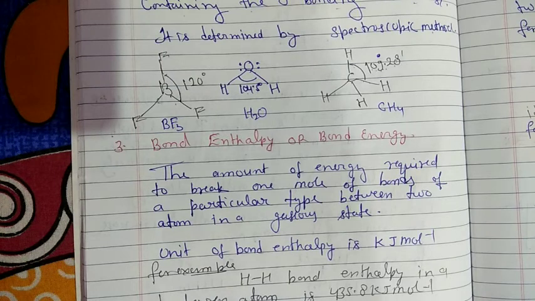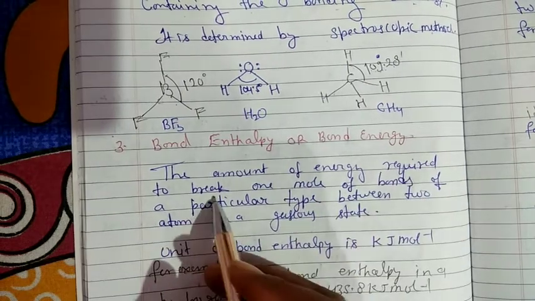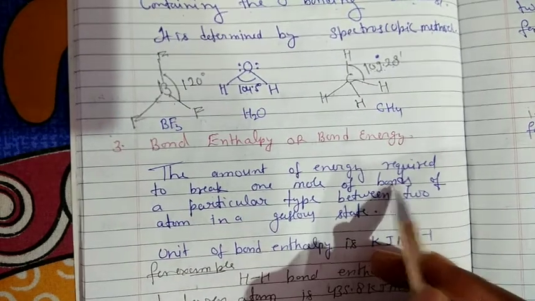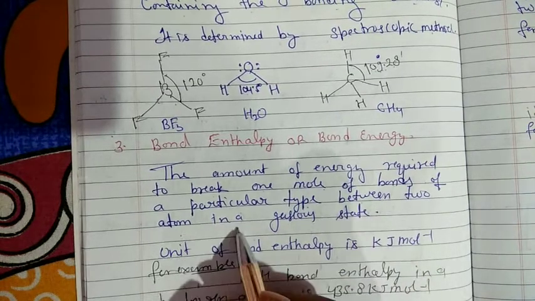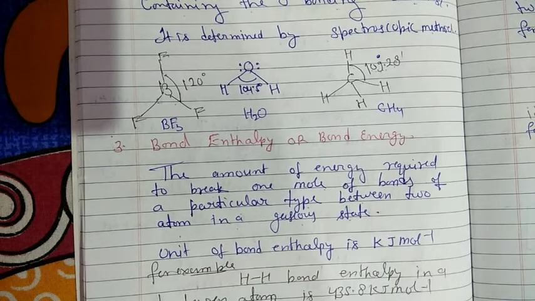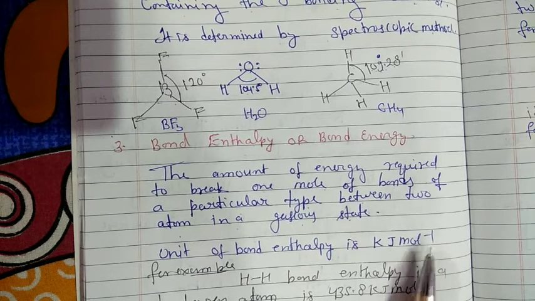What is bond enthalpy? The amount of energy required to break 1 mole of bonds of a particular type between two atoms in the gaseous state is called bond enthalpy. The unit of bond enthalpy is kilojoule per mole.